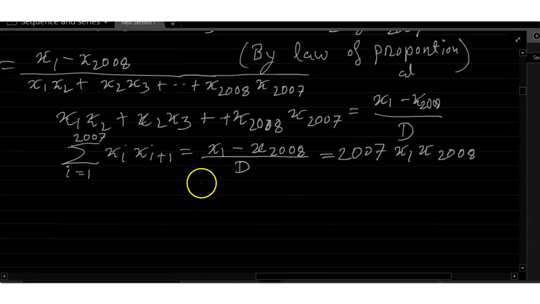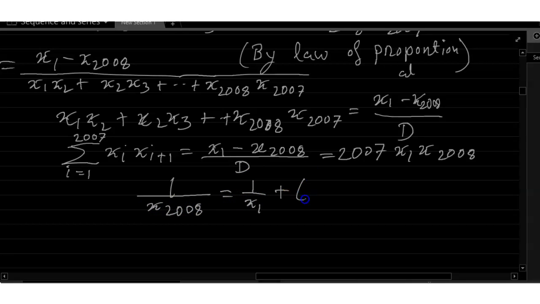How, friends? Because 1 by x2008 equals 1 by x1 plus 2007 into D.